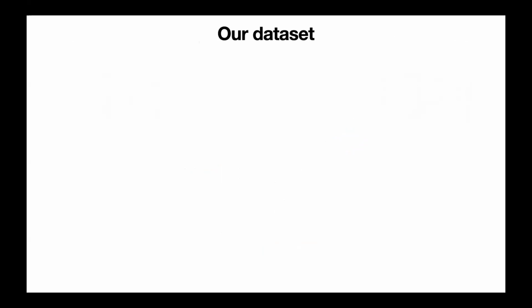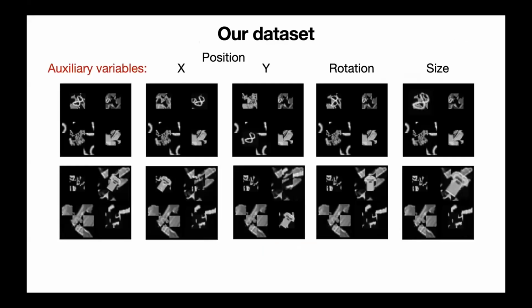To find out whether this strategy is something that happens in recurrent neural networks performing categorization, we designed a data set which comprises different object categories and different auxiliary variables. The auxiliary variables are position, X and Y, rotation, and scale.